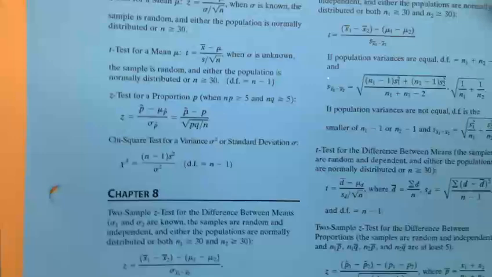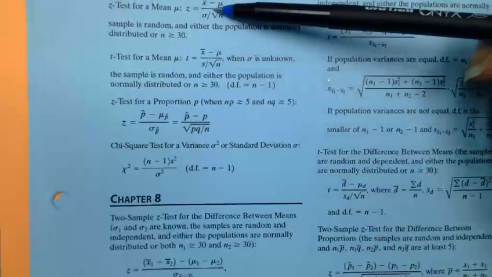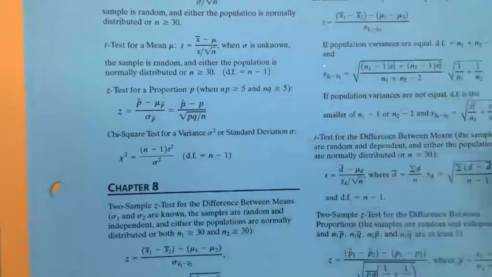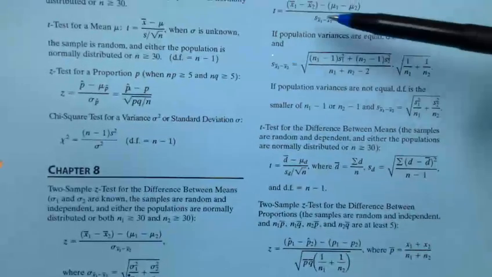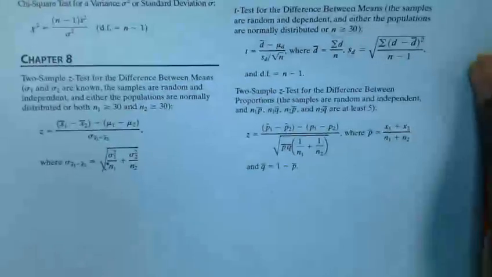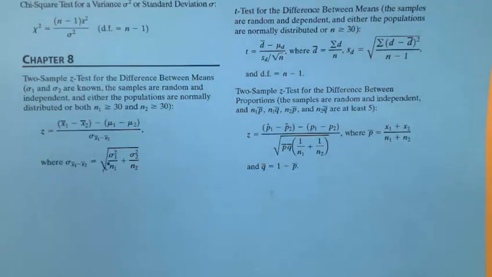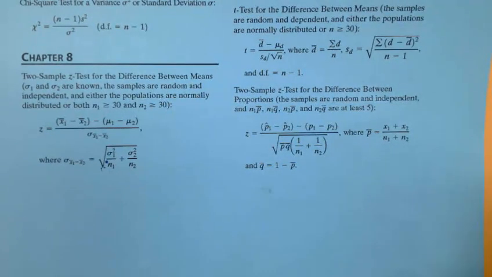Let me just note, this Z, that Z, this T, you'll get those test statistics by running the test in your calculator. This is only if you choose to work these out by formula. Okay, so this is for the formula people.